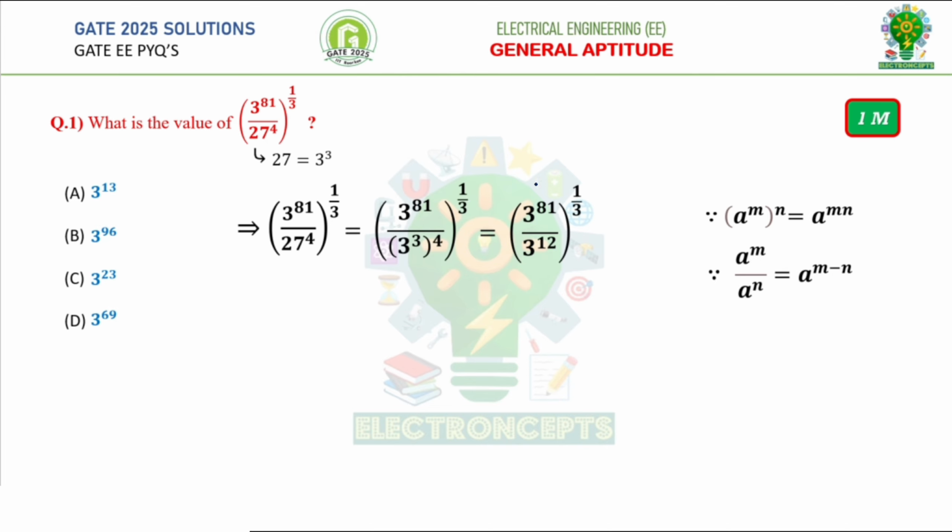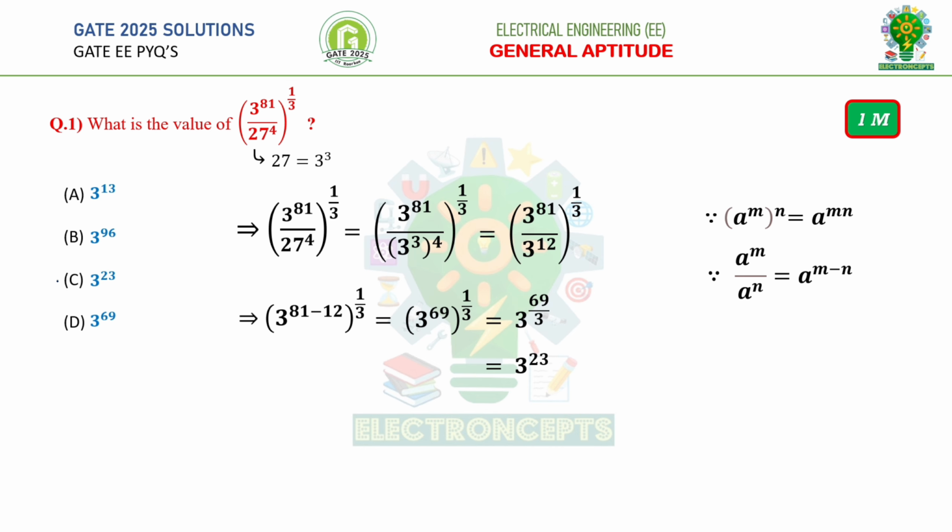Therefore, let's rewrite this equation, which is equal to (3^(81-12))^(1/3), which is equal to (3^69)^(1/3), which is equal to 3^23. Therefore, the answer is 3^23.